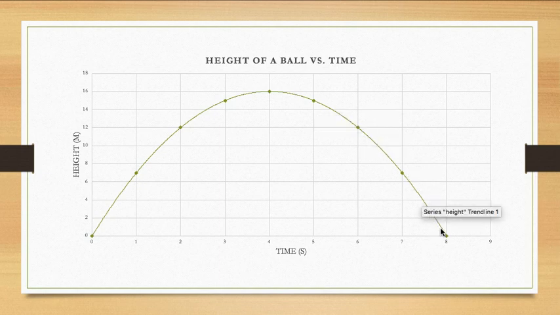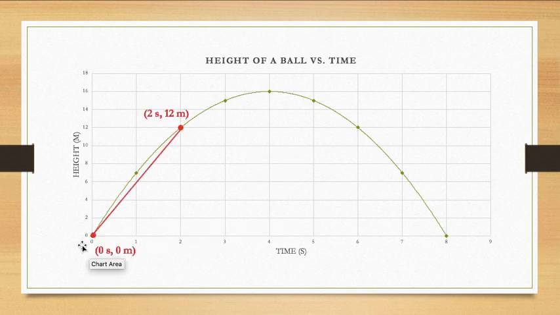If we were to take just 2 points, we could calculate the average rate. You can see the rate is actually changing as time goes on, but an average rate is a little simpler than finding the rate at any given point. Let's take these 2 points: at 0, 0, and after 2 seconds, it's at a height of 12 meters.